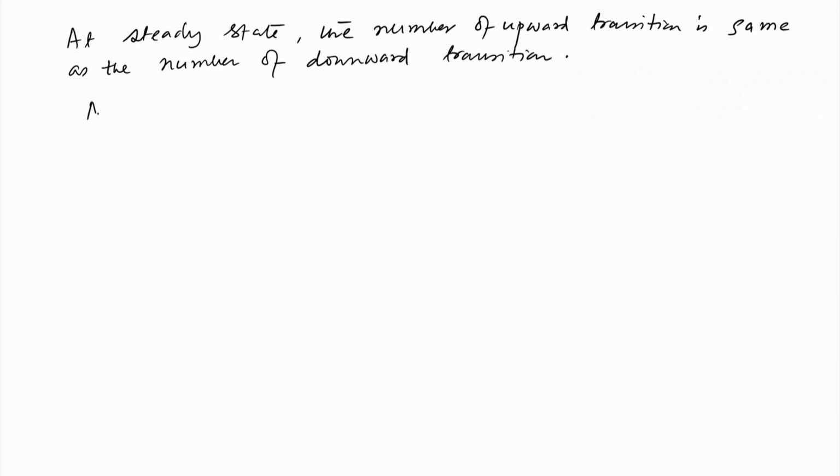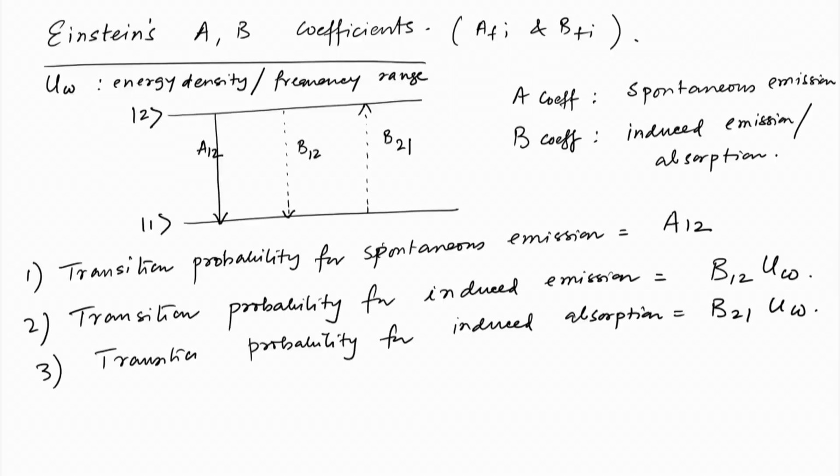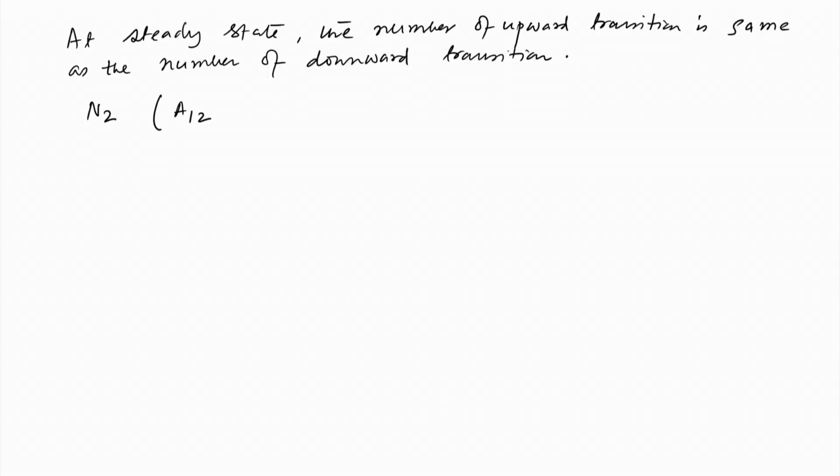So, that tells us N2 multiplied by A12, that is the number of atoms making a transition from 2 to 1, that is N2, and N1 is the number of atoms making a transition from 1 to 2. So, it is A12 plus B12 u omega, this is equal to N1 B21 u omega.